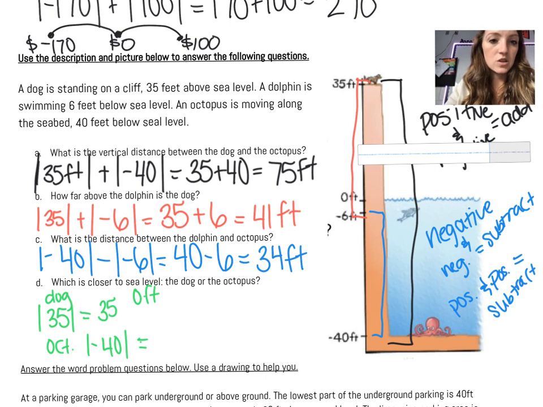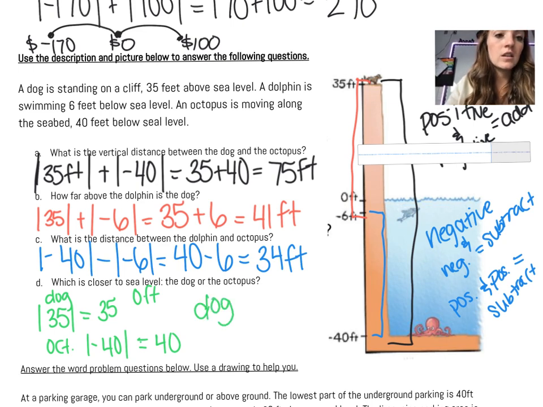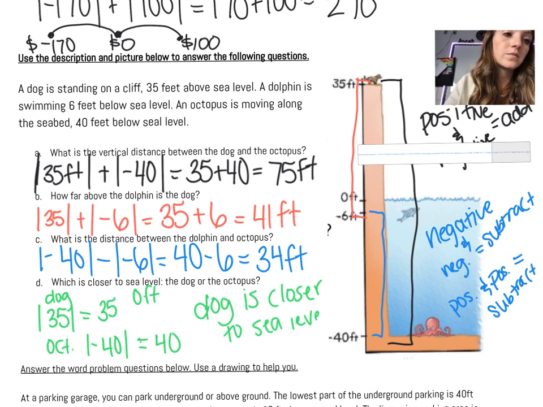So this ends up being 35, our octopus is 40. We look at those numbers to see which one is closer to 0. 35 is closer to 0, so the dog is closer to sea level.